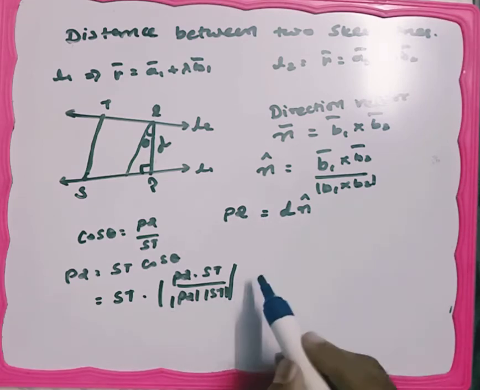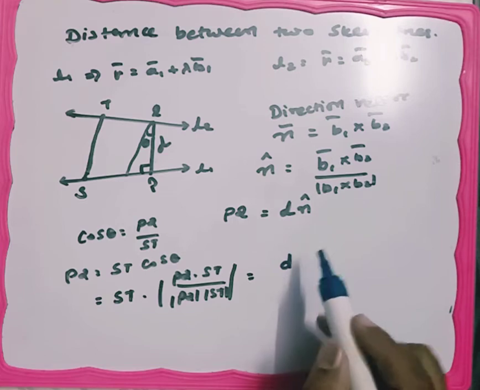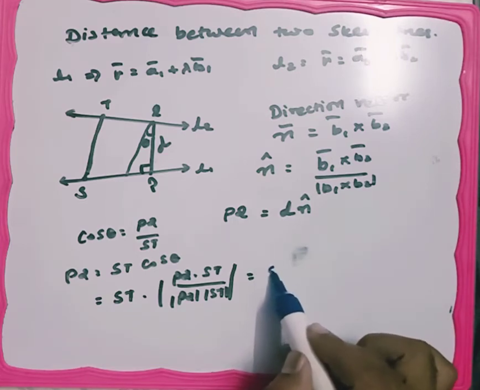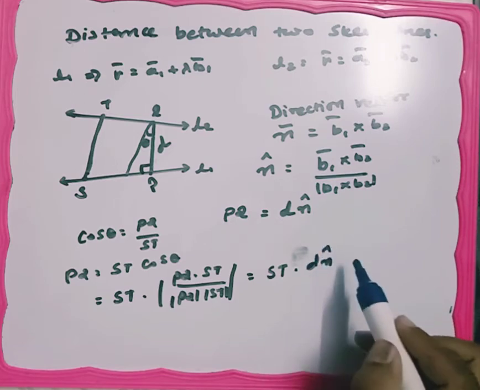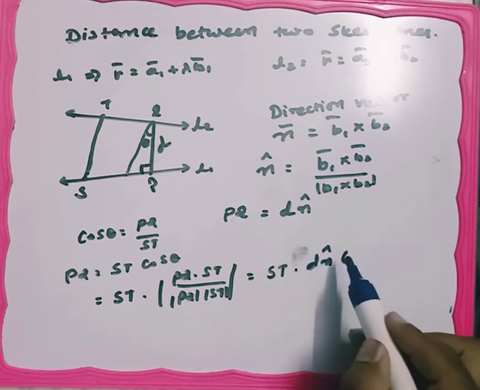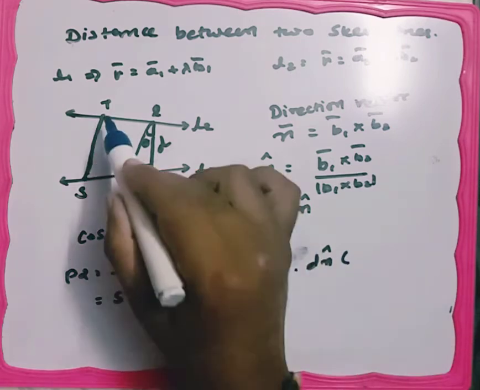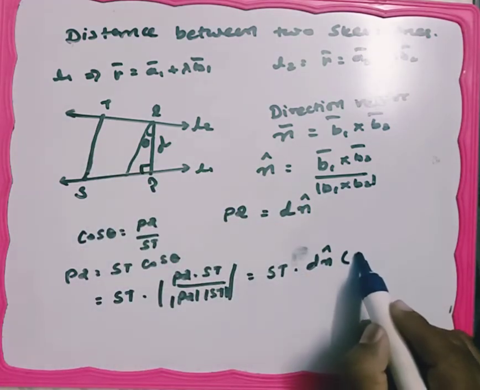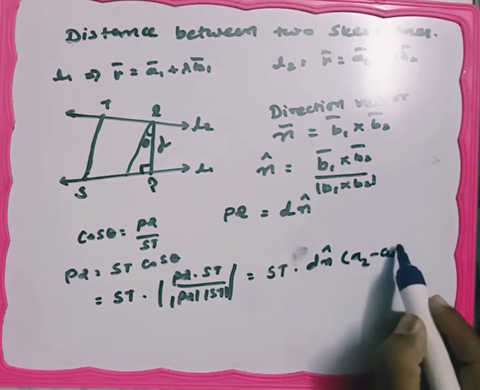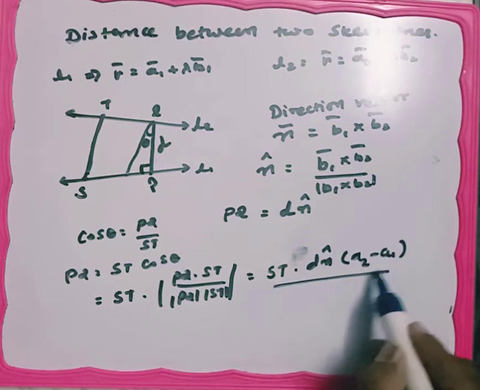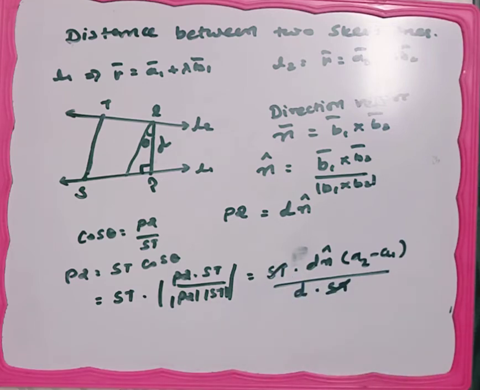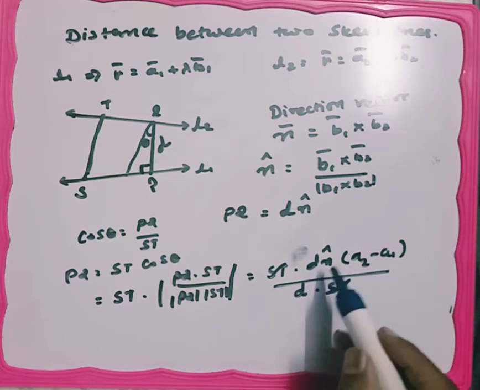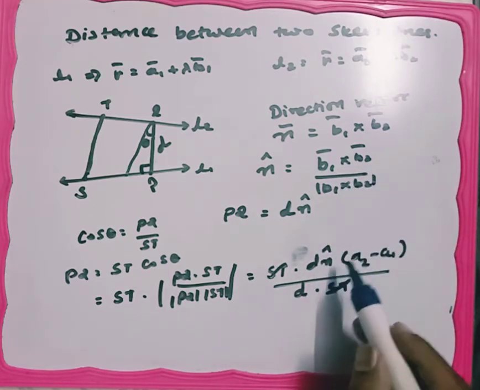So the PQ value we can keep as D n caret, and the position vector of ST will be A2 bar minus A1 bar. Then the magnitude ST cancels, and we keep n caret here.